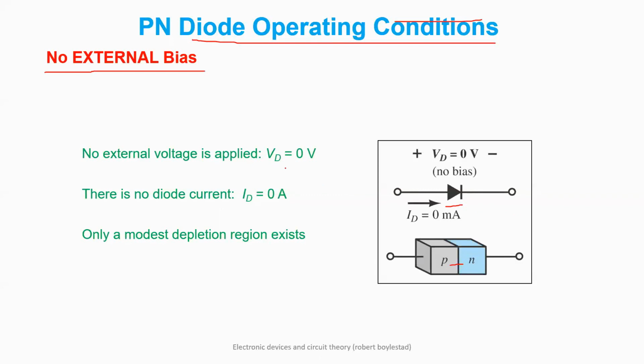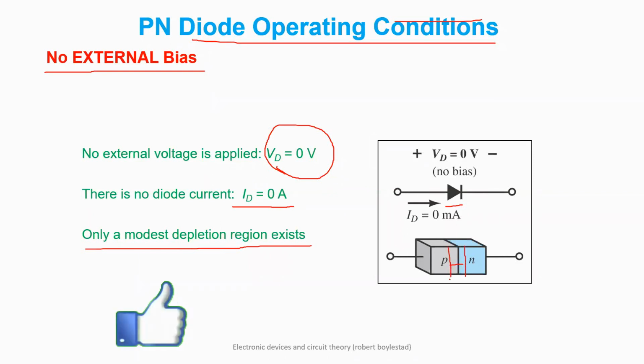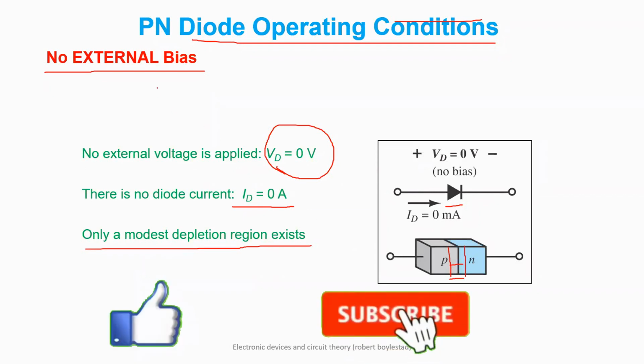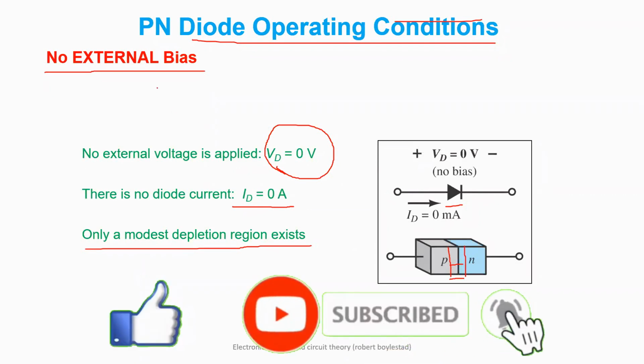That means you are not applying any battery to this. In that case, your voltage across diode is zero, as they are not conducting, there is no diode current, and only a depletion region exists inside the diode. So this is the particular case when we have not applied any external bias.